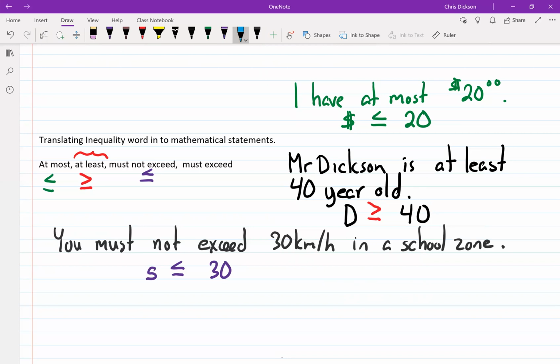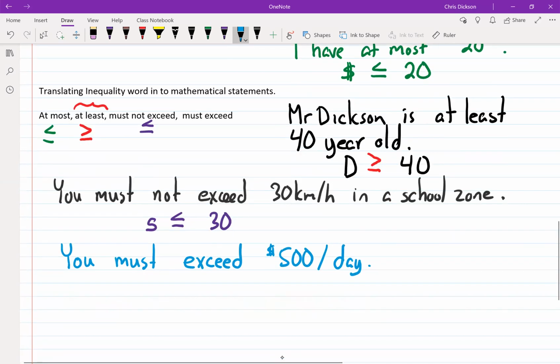Now, if you said something like, you must exceed $500 per day, let's say you're working in a shopping mall, so you must sell that much stuff per day. So let's use S again for selling here, and then we've got this 500.